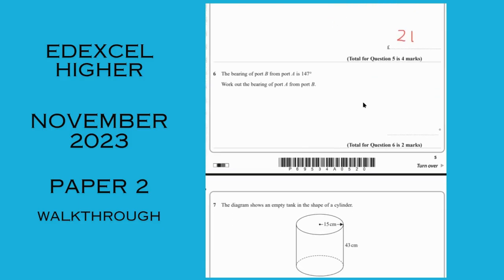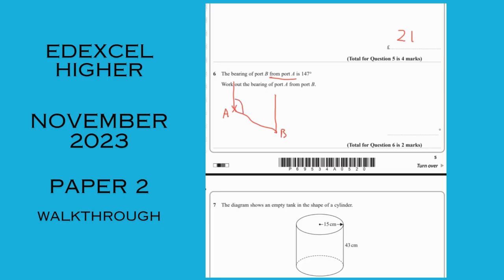Number 6, difficult to picture, so draw a picture. From A, so there's A, is 147, so anything over the 90 helps you picture the relationship of where A and B is.